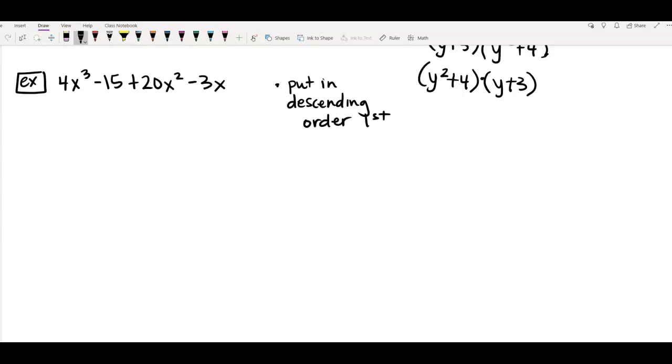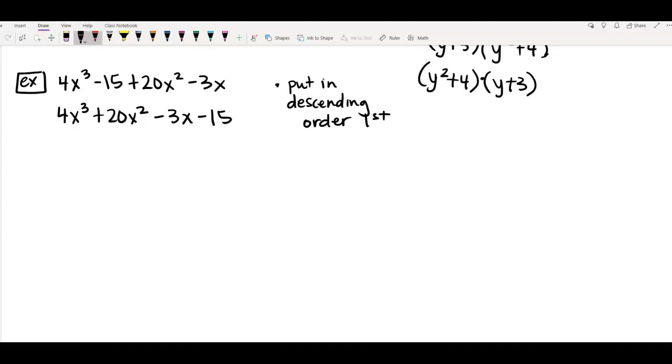Because if I try and look at these first 2 terms, the 4x to the third and negative 15, those guys don't have anything in common with each other. But if I rearrange them, then they will. So I'll have 4x to the third plus 20x squared. I'm going in descending order, highest exponent, next highest, and so on. Okay, so here's my 4-term polynomial now.